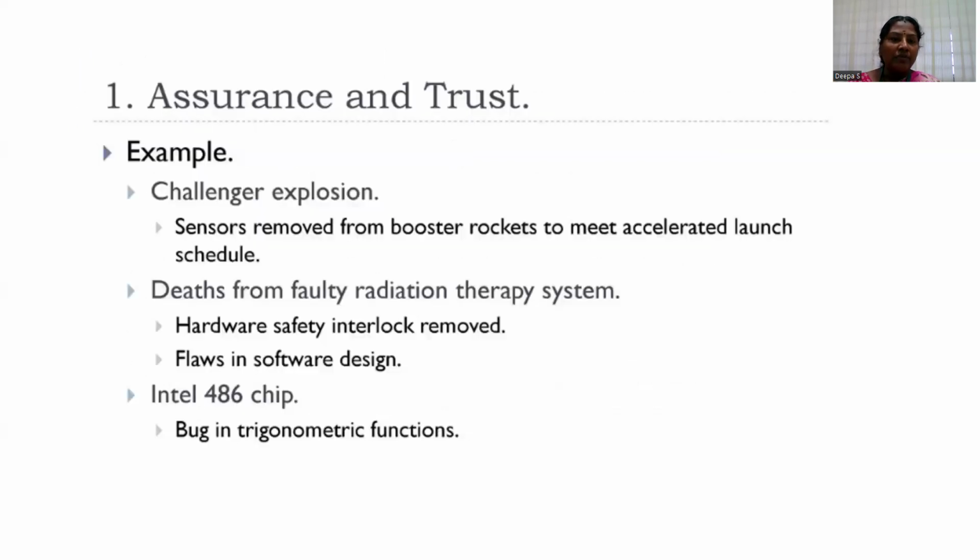The example for assurance and trust is the Challenger explosion. If you are using a sensor on your rocket and it has been removed, it can create acceleration changes in their schedules. That is represented as the challenges we face while having an assured product.